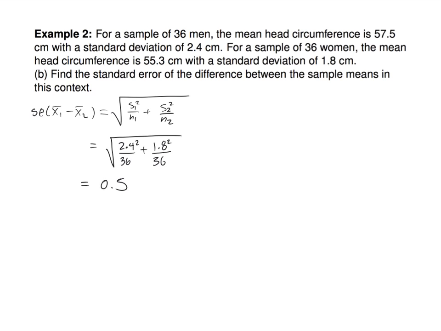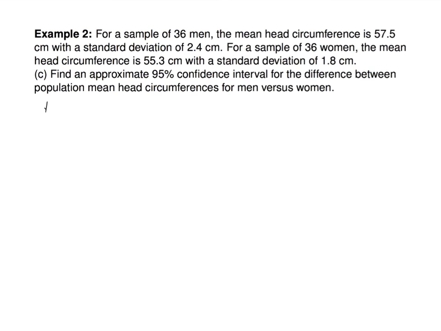All right, part C says to find the confidence interval. So what is the only thing you're missing? Degrees of freedom, which tells you to find your T star. For the degrees of freedom, you take the smaller of the two sample sizes minus 1.